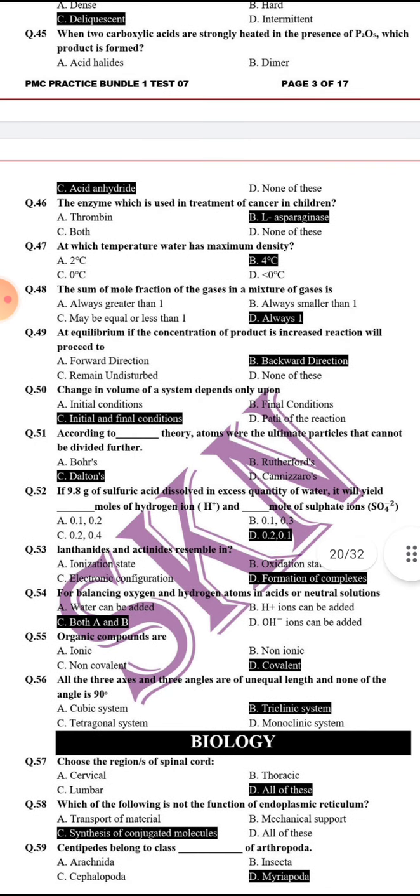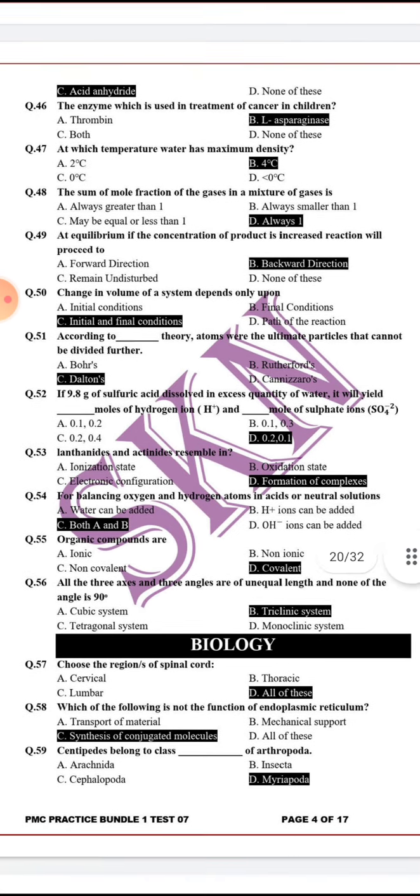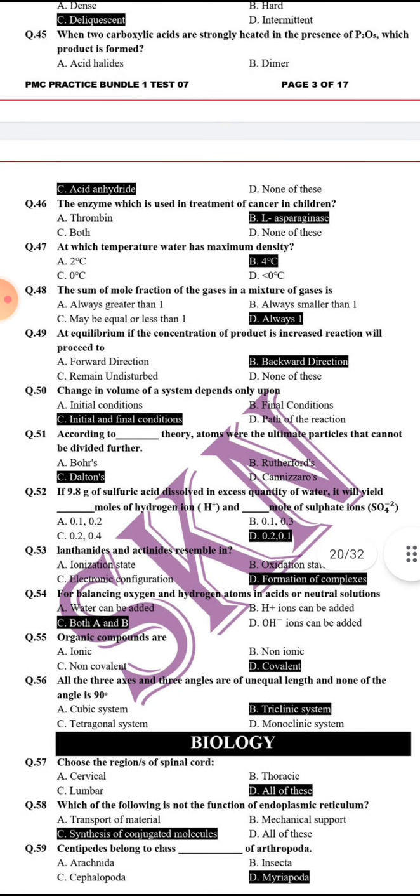The sum of mole fractions of the gases in a mixture of gases is always 1. We know that the partial pressures of all the gases must sum to the total. At equilibrium, if the concentration of product is increased, the reaction will proceed backward, exactly.